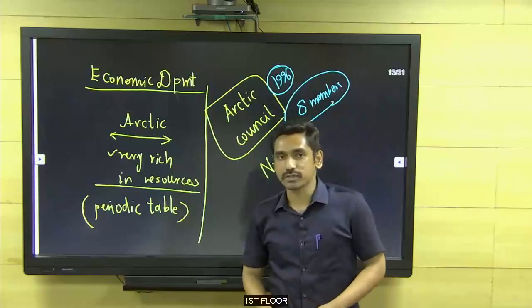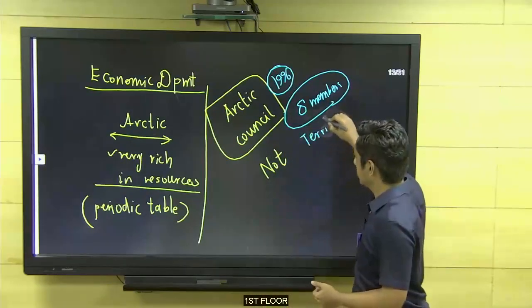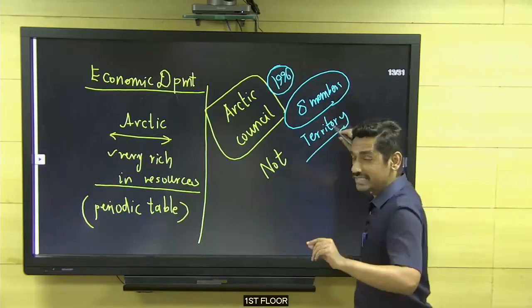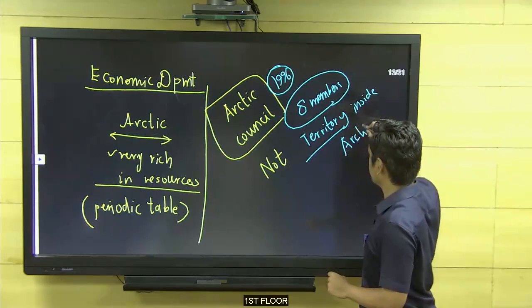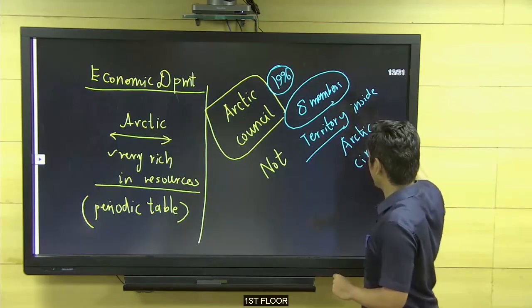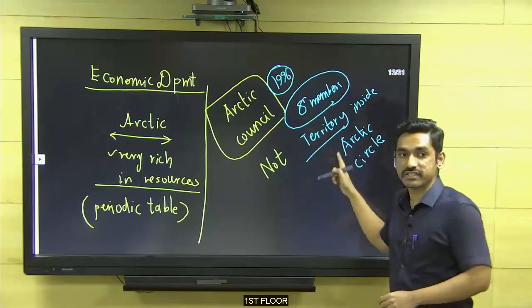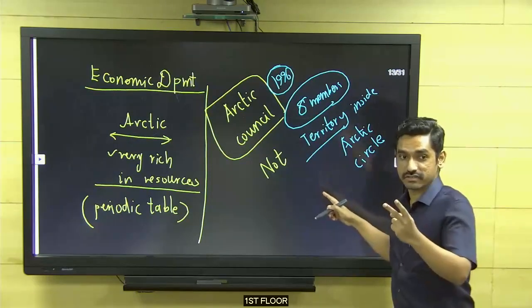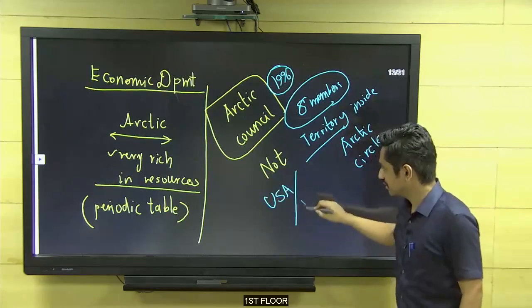If you want to become a member of this organization, then your territory should be inside the Arctic Circle. Why this condition was put is, of the 8 members whose territory is inside the Arctic Circle, 2 countries are very bad.